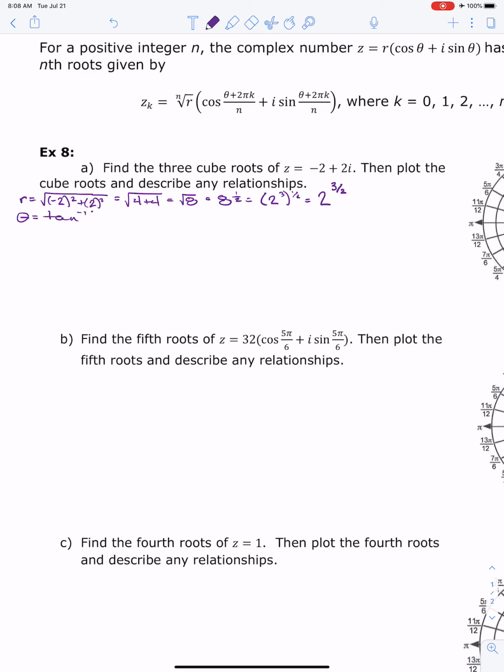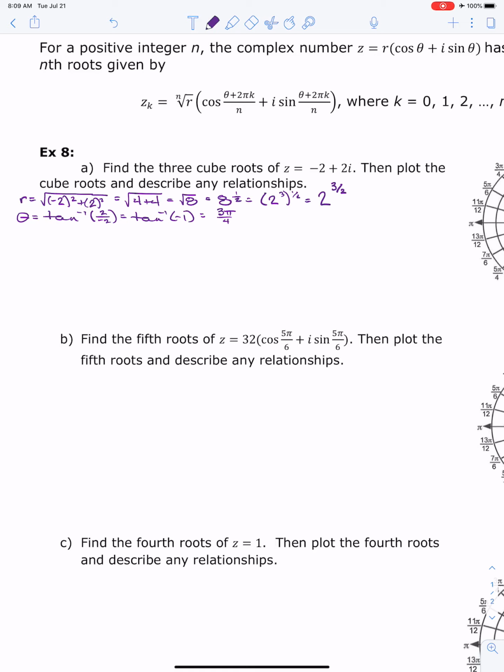Also need to find theta. And that's going to be the inverse tangent of 2 over negative 2, so the inverse tangent of negative 1, which gives me an angle of 3 pi over 4. I know that it's in the second quadrant because my a is negative, my b is positive. So that's all good.